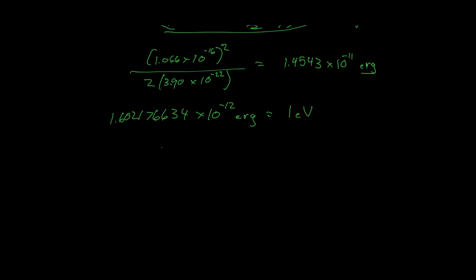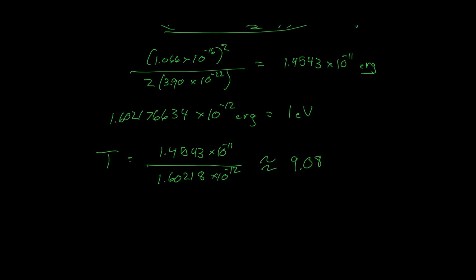Our T equals 1.4543 times 10 to the minus 11 over 1.6021, we'll just call it 1.6, times 10 to the minus 12. Punch this into a calculator and you're going to get about 9.08 eV. And that is our final answer.